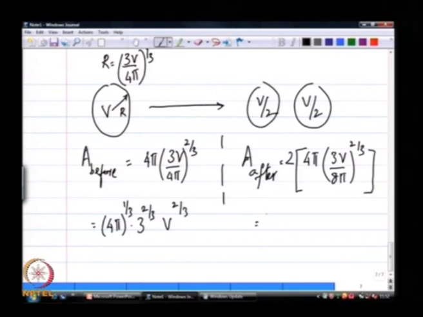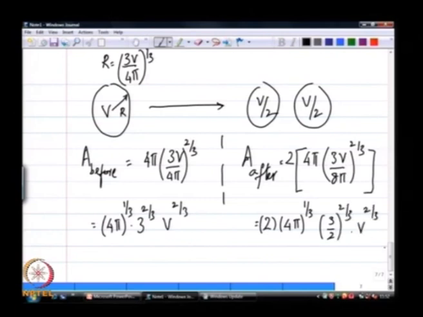On this side I have 2 times 4 pi. I will take a 4 pi out of this and leave the 2 in there. I have the same 4 pi raised to the power 1/3, but I have 3 over 2 raised to the power 2/3 times V raised to the power 2/3.